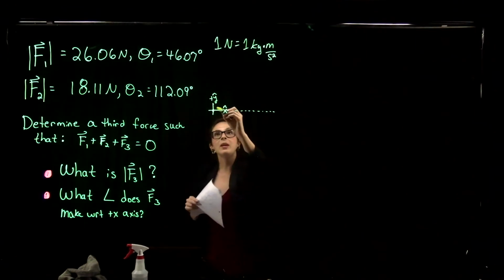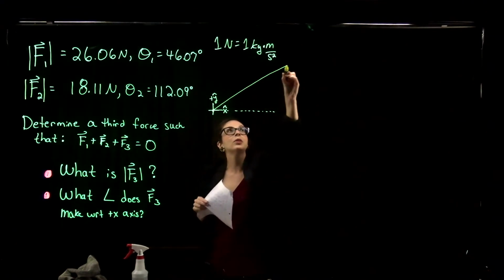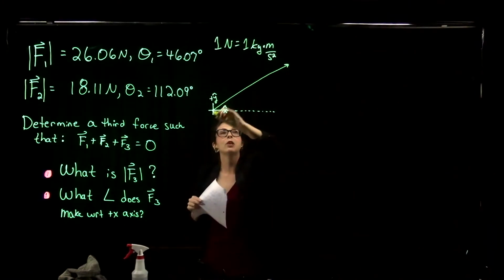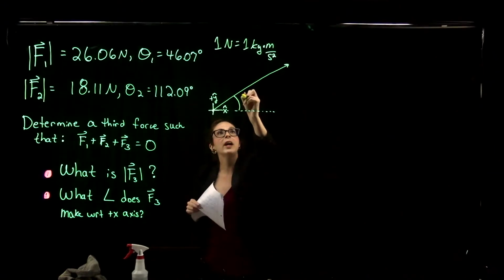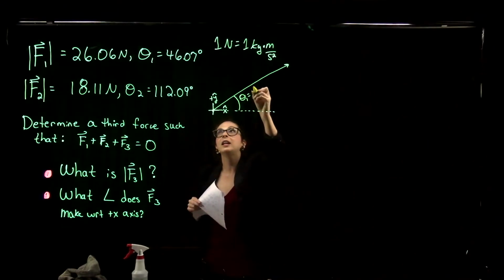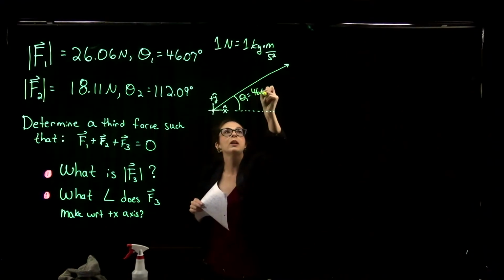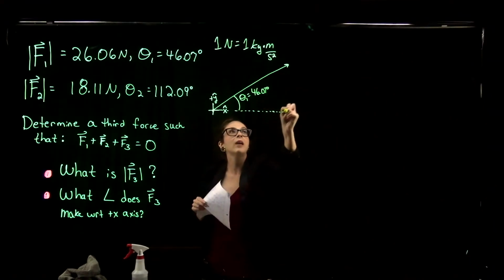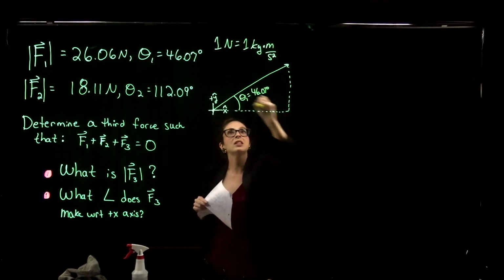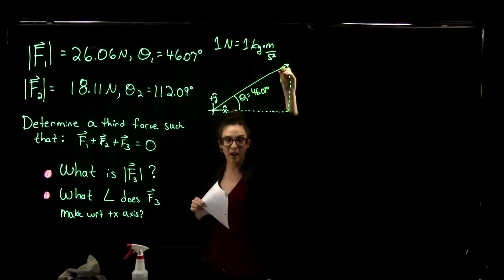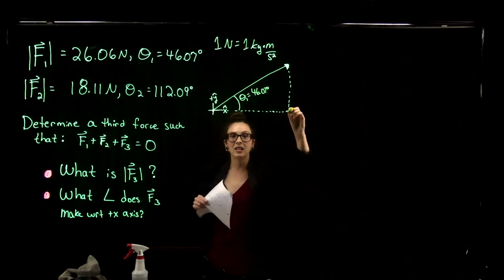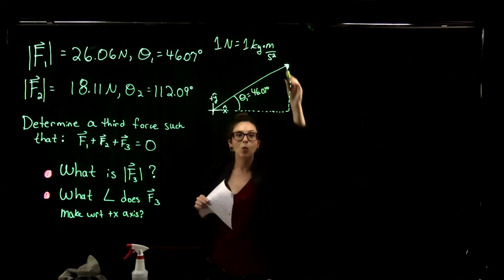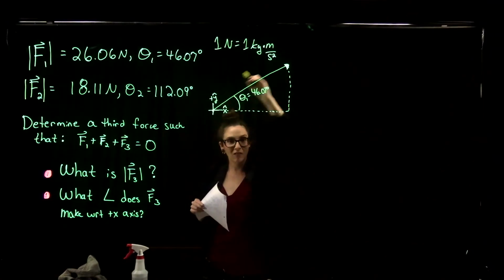That means that my vector is going to go off in sort of this direction right here, with this angle right here, which I'm going to call theta 1, equals 46.07 degrees. So this solid line here that I drew with the arrow tip, that is my vector. And these dotted lines here, these are the x and y components of this vector.